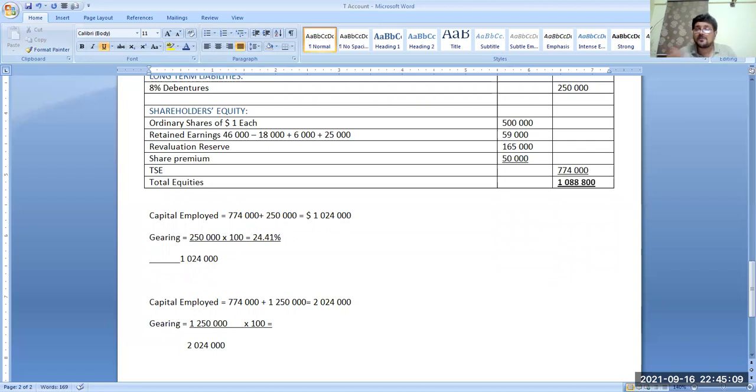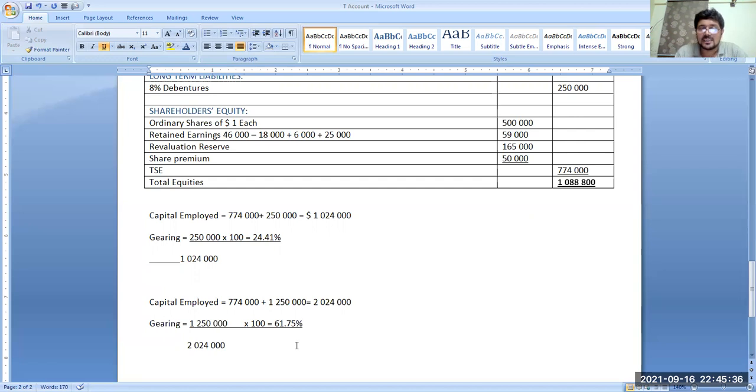So after issuing debentures for 1 million, your gearing would be 1,250,000 total liabilities over capital employed 2,024,000, percentage. 61.75% is your gearing. That is not good.